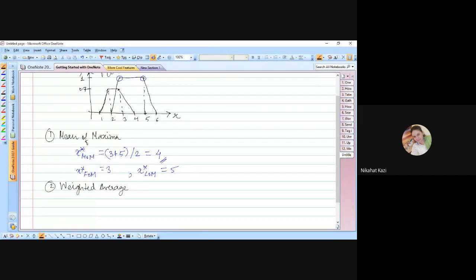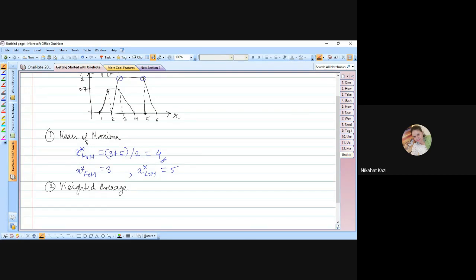It is not applied to the entire landscape, right? Weighted average is applied to the individual functions. Are the individual functions symmetric? Yes. So that means you can apply the weighted average method.